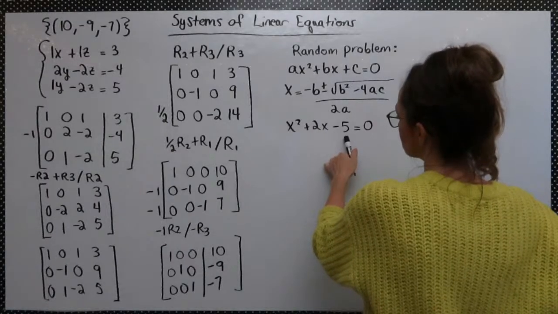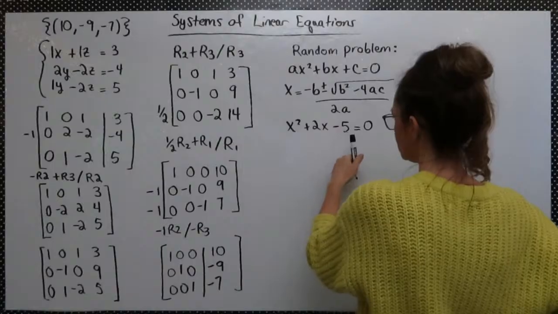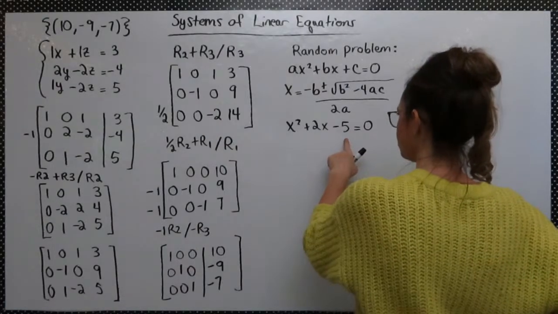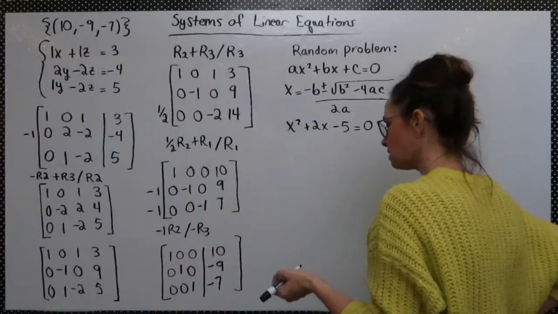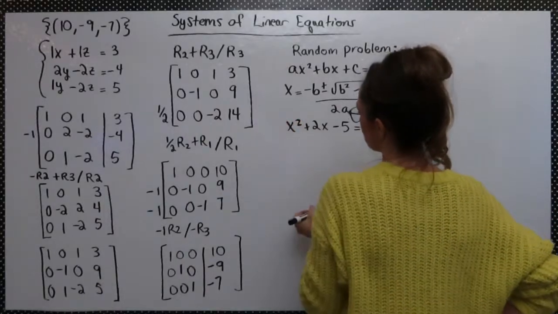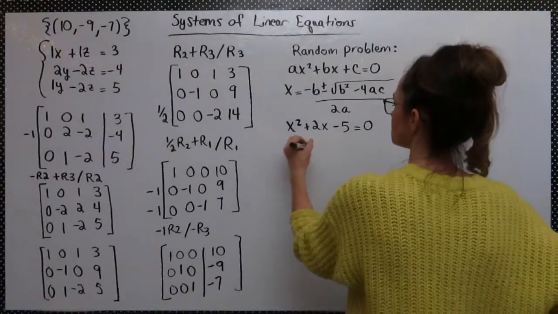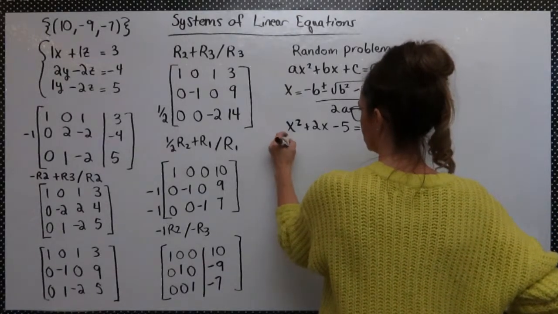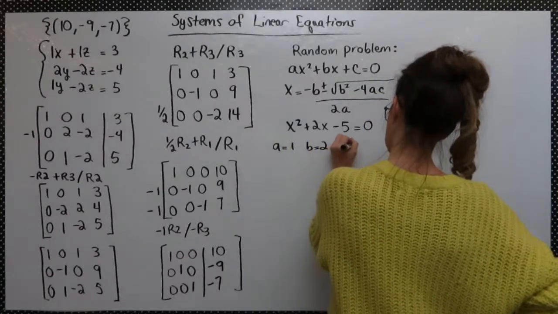So you look at this number, and to factor it, you need to be able to multiply two numbers to get -5, and then add or subtract them to get 2. And you notice that that's not possible. So this is where the quadratic formula comes in handy. So you just list your coefficients. A equals 1, B equals 2, C equals -5.